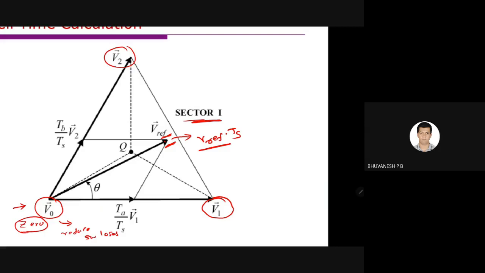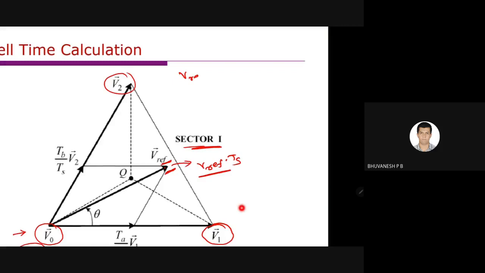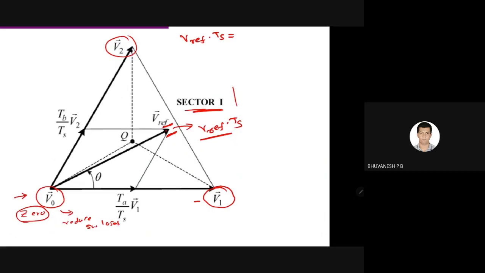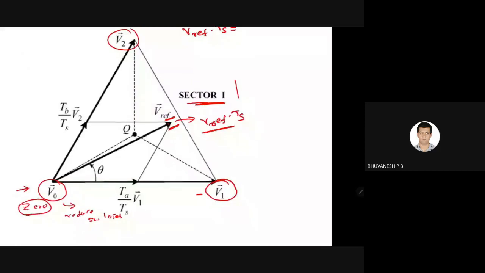Once this is done, we need to formulate V reference into TS. This is the resultant vector, and we need to write it in terms of these stationary vectors, that is V1, V2 and V0. So I assume that to obtain V reference into TS, V1 is on for TA duration, V2 is on for TB duration, and V0 is on for T0 duration, right?